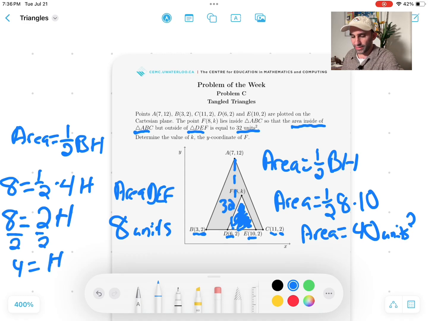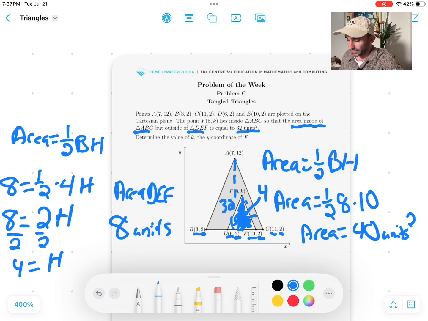Okay, so our height of triangle DEF, the smaller triangle, is going to be 4, right? Sorry, I'm really making some crazy drawings, but that's 4. So our little triangle has a height of 4 down the middle. So, we want to find the value of k, not necessarily just the height. So we know that the y values of DEF start at 2.